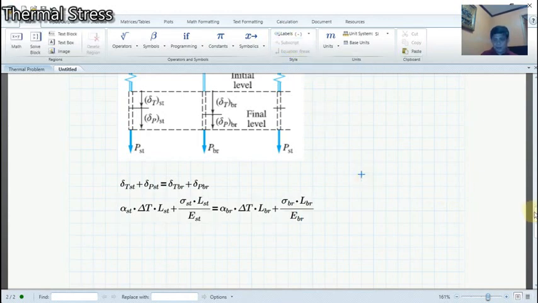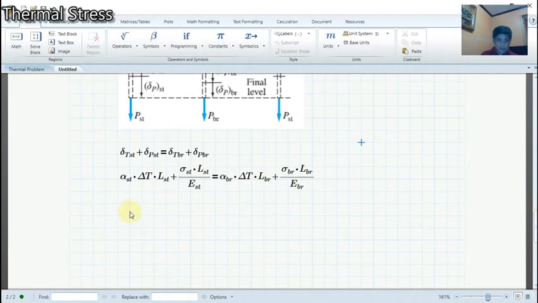Okay, so we're going to substitute the values.